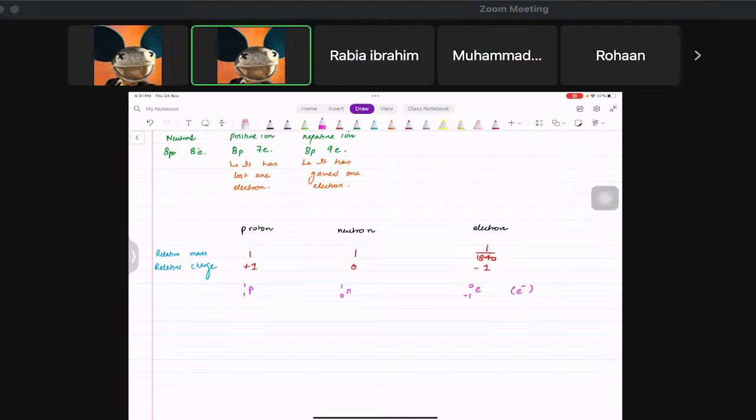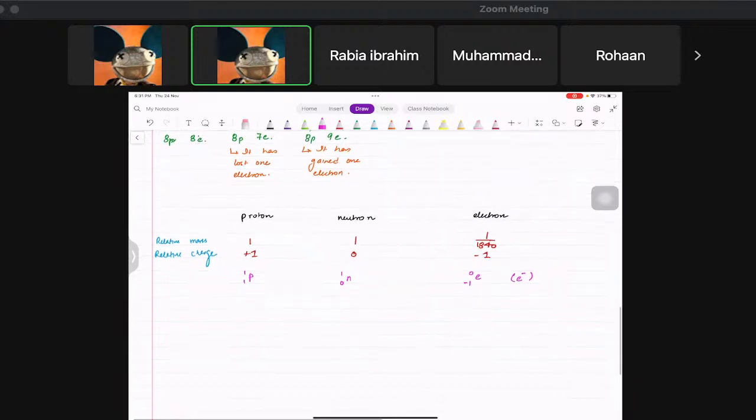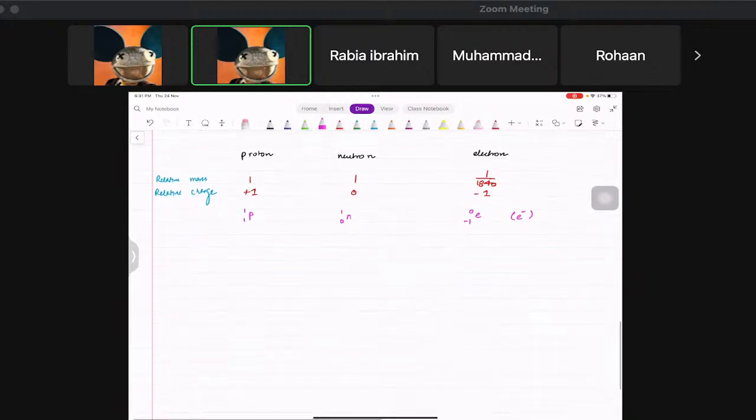Now that we know about the nucleus and how it is there, we're going to talk about some of the particles which are important in the sense that there are three types of radiations.